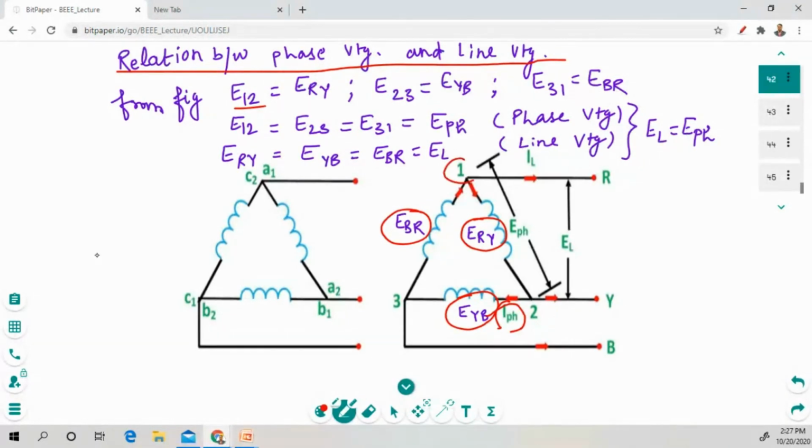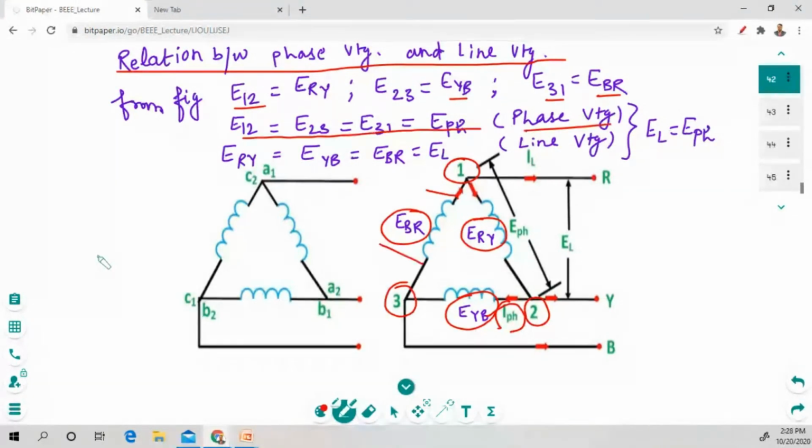These connections are made in the clockwise direction 1, 2, 3. The voltage across the first to second terminal is ERY. The voltage from the second to third terminal is EYB. The voltage from the third to first terminal is EBR.